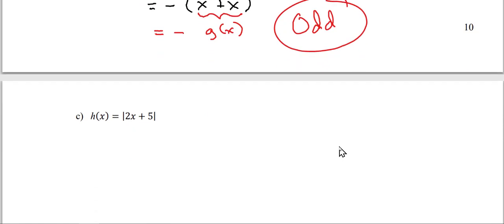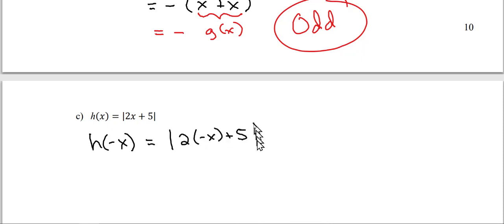Let's take a look at this one. H of negative x is the absolute value of 2 times negative x plus 5. Simplifying that, we get the absolute value of negative 2x plus 5. It's really, really important to recognize that when you have an absolute value, you can't take the absolute value term by term.